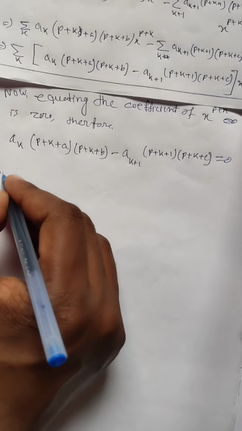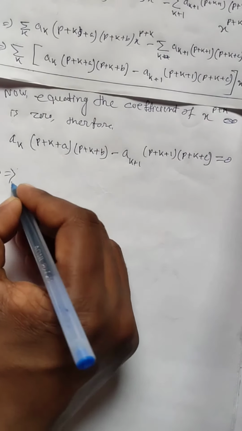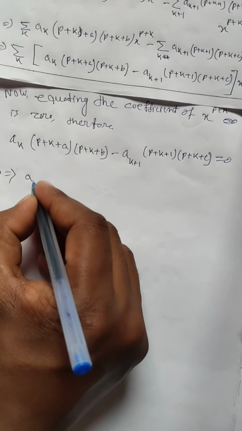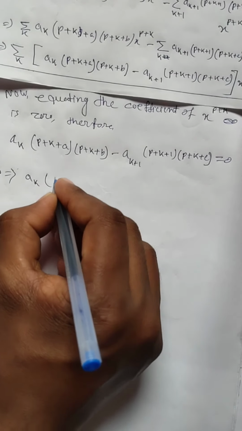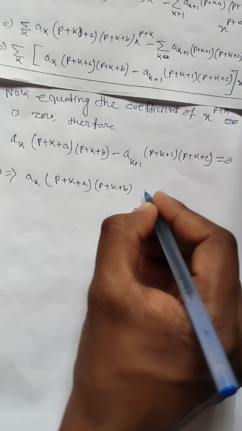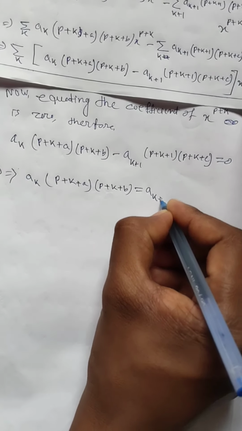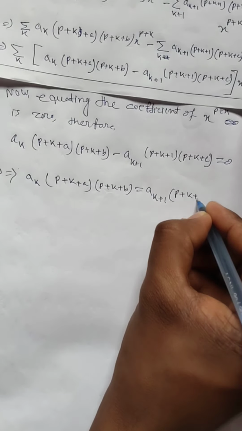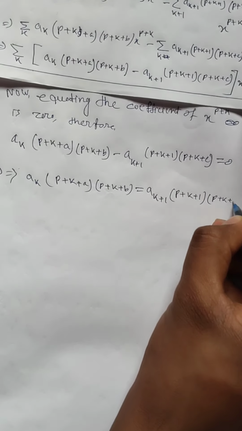Therefore a_k (p+k+a)(p+k+b) is equal to a_(k+1) (p+k+1)(p+k+c).